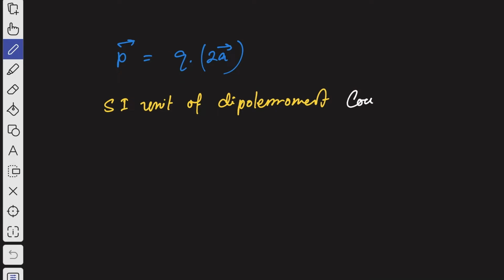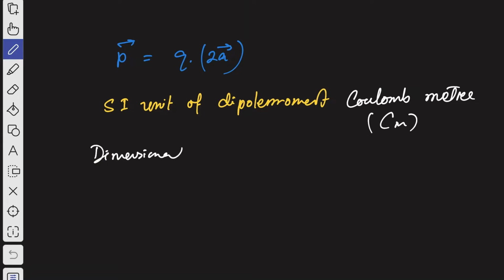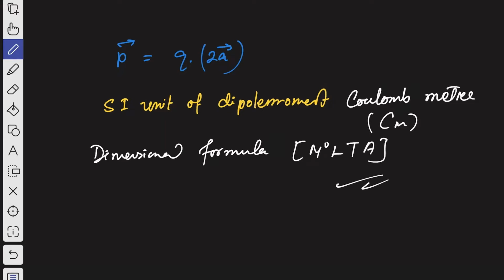Remember, the SI unit of dipole moment is coulomb meter, and the dimensional formula is M to the power 0 L T A.